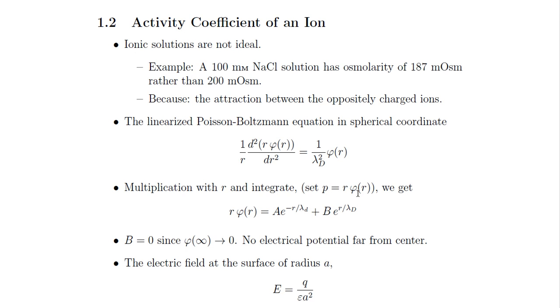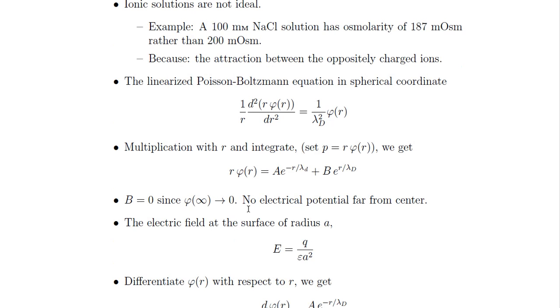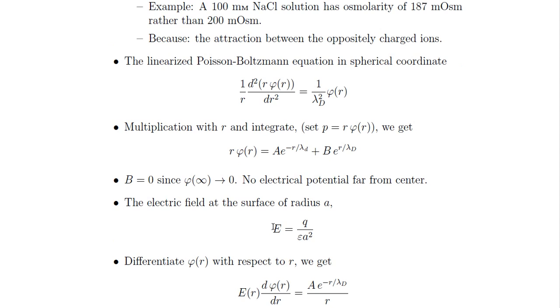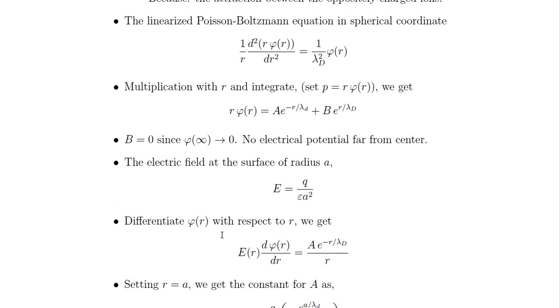Since B equals 0, because the electrical potential at infinity is equal to 0, the potential away from the center has the solution E equal to the electric field of the surface of radius a, E equal to Q over 4 pi epsilon a squared, associated with E of r, so we have A exponential minus r over lambda D over r.